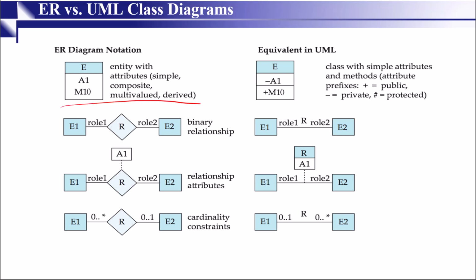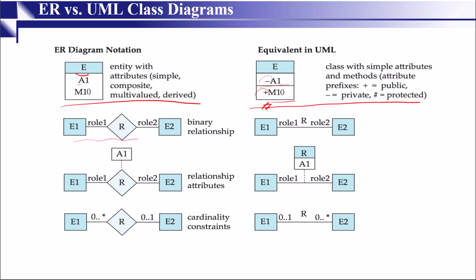In ER, an entity, for example E, is represented as a rectangle with attributes like A1, M1, but in UML, the same entity is shown as a class, a rectangle with attributes listed inside, prefixed by visibility indicators like minus A1, meaning private, and plus M1, meaning public. UML uses plus for public and minus for private, and also a hash symbol for protected attributes.